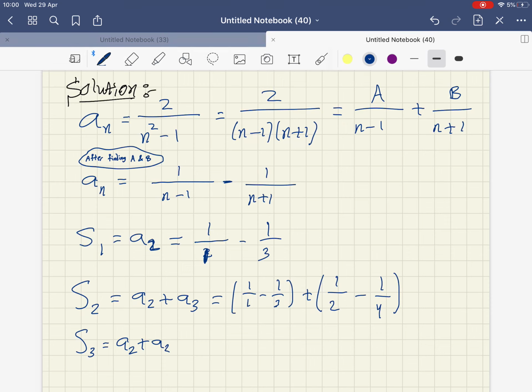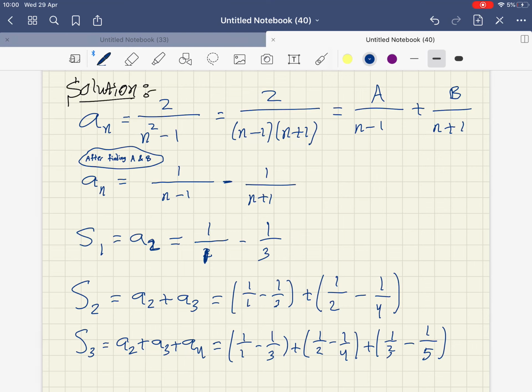A2, A3, A4. It will be 1 over 1 minus 1 over 3 plus 1 over 2 minus 1 over 4. Now if we substitute 4, it will be 1 over 3 minus 1 over 5.